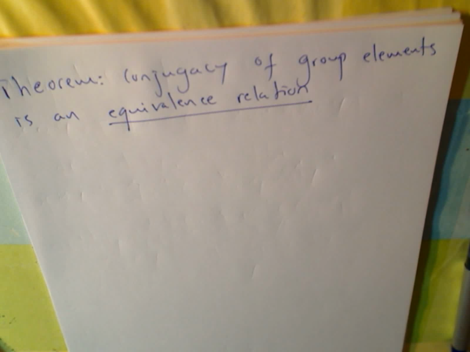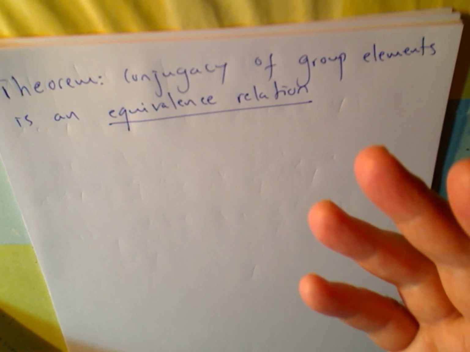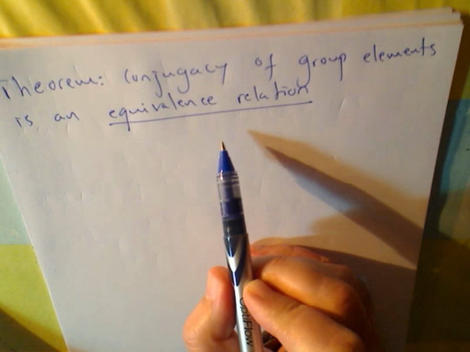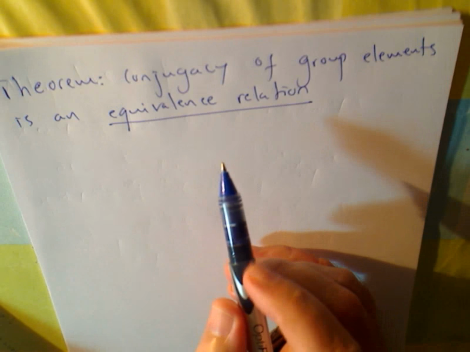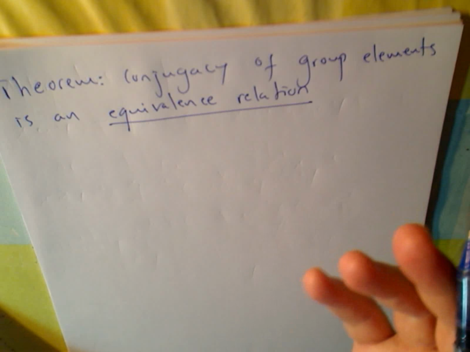So this is very important because conjugacy is an equivalence relation, and we know that every equivalence relation gives rise to equivalence classes. Okay, I'm going to repeat it. So conjugacy is an equivalence relation, and every equivalence relation gives rise to equivalence classes.